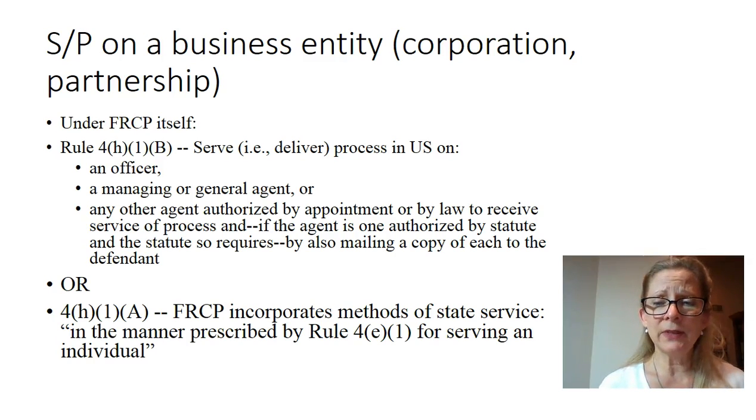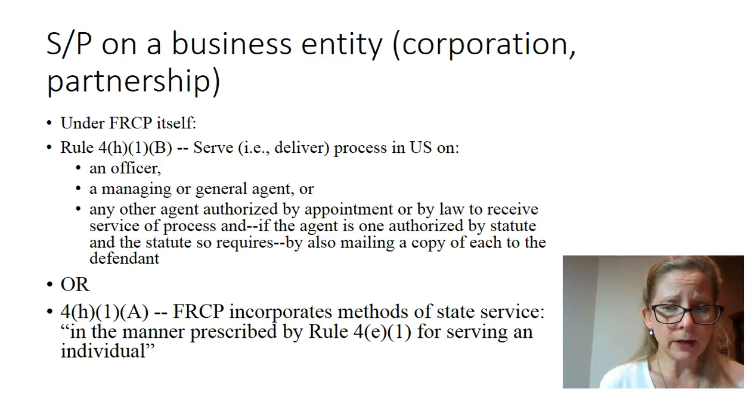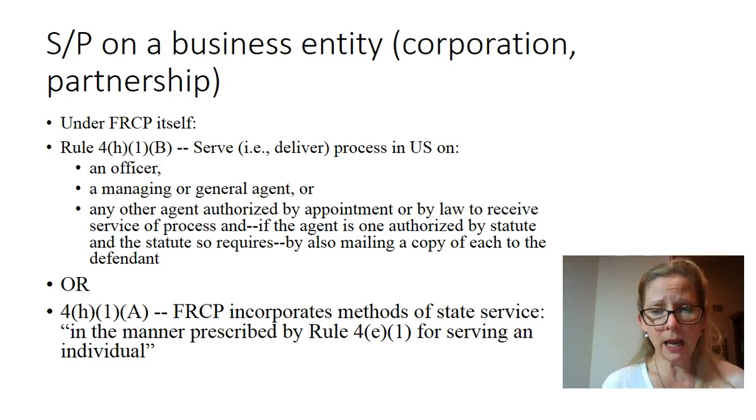And in the absence of their appointing anyone, they are deemed to have appointed, say, the Secretary of State of that state to receive service of process for them. So 4(h)(1)(B) allows service on those either designated or deemed agents for service as well.